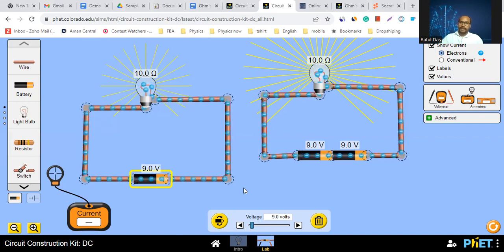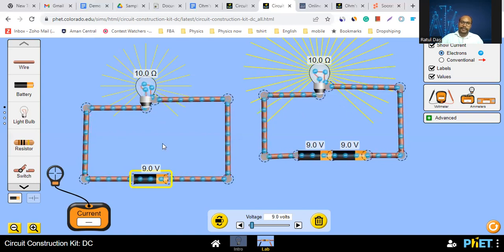For the first circuit, we have a 9-volt battery, and in the second case we have two 9-volt batteries. And what is the other difference you have noticed in this circuit? See the bulb and see the difference. Yeah, correct. The first bulb is glowing less and the second bulb is glowing more.